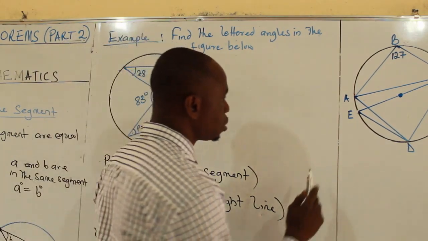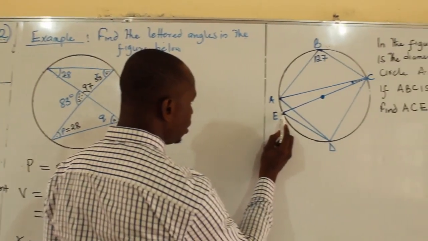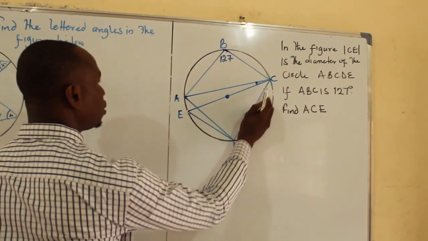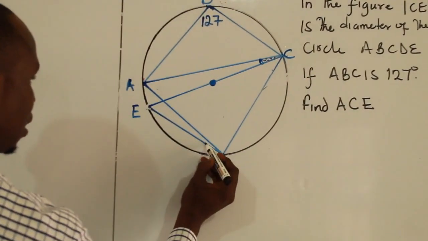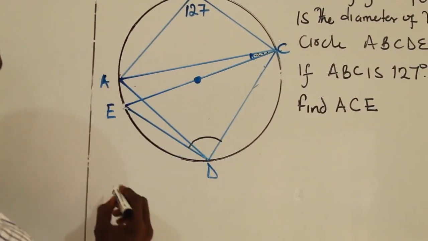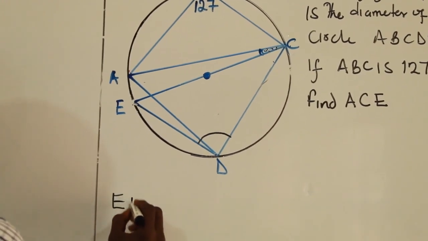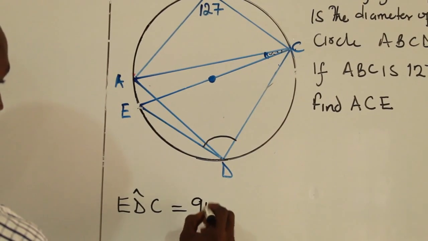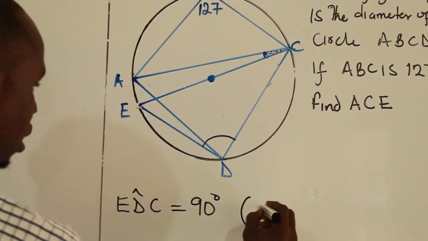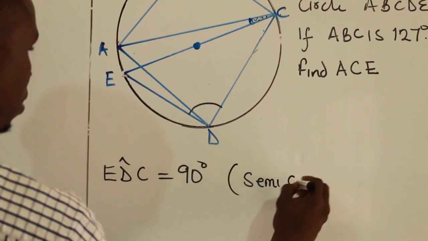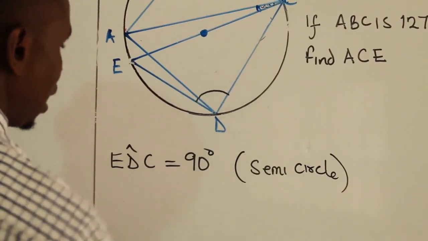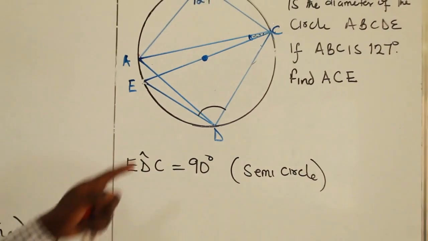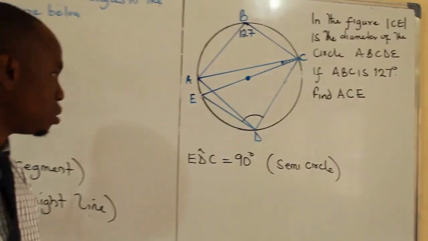Now if you notice, the line formed from E drawn to point D and back to this point C is 90 degrees. Therefore, EDC is equal to 90 degrees. The reason is semicircle. You can see that the semicircle theorem was involved in this particular question.